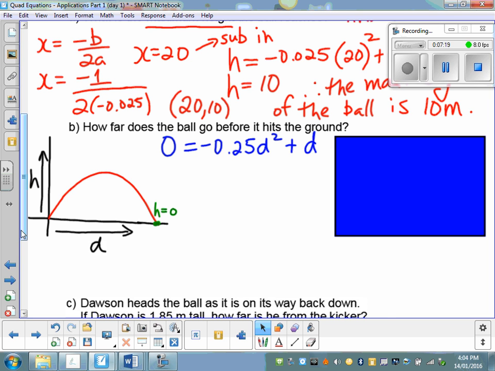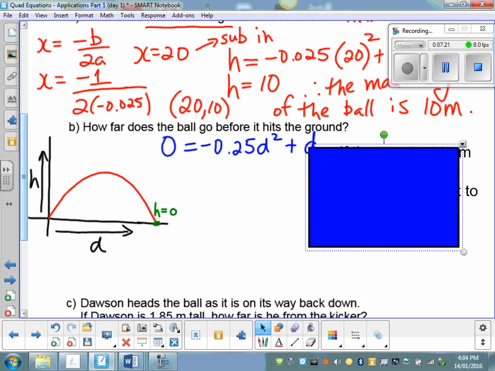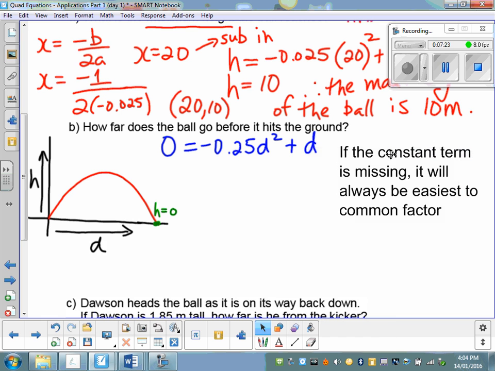Now, one thing I'll get you to make note of here. If the constant term is missing, so if there's no number being added on the end here, there's no C value, it's always going to be easiest to common factor.